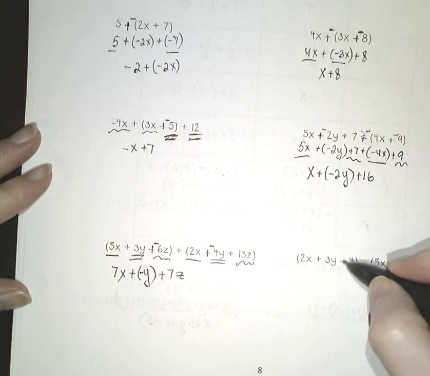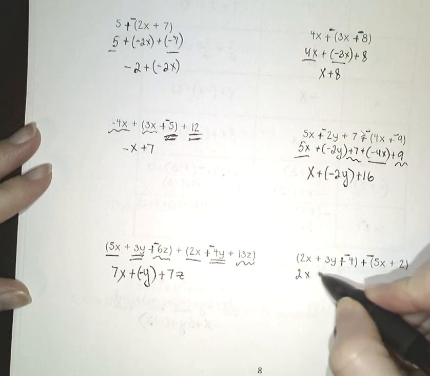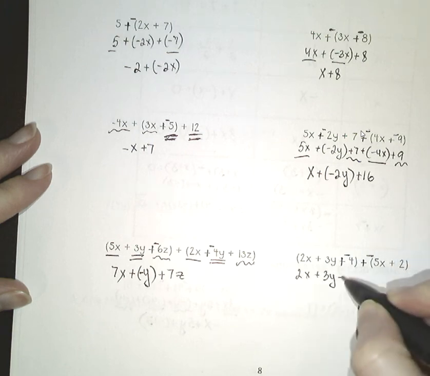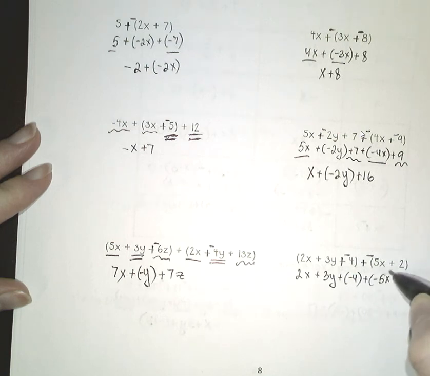Let's look at this one, last one here. Negative 4 and the opposite of 5x plus 2. Since I have the opposite of the sum, I will have to rewrite it. So 2x plus 3y plus negative 4 plus the opposite of 5x is negative 5x. The opposite of 2 is negative 2.